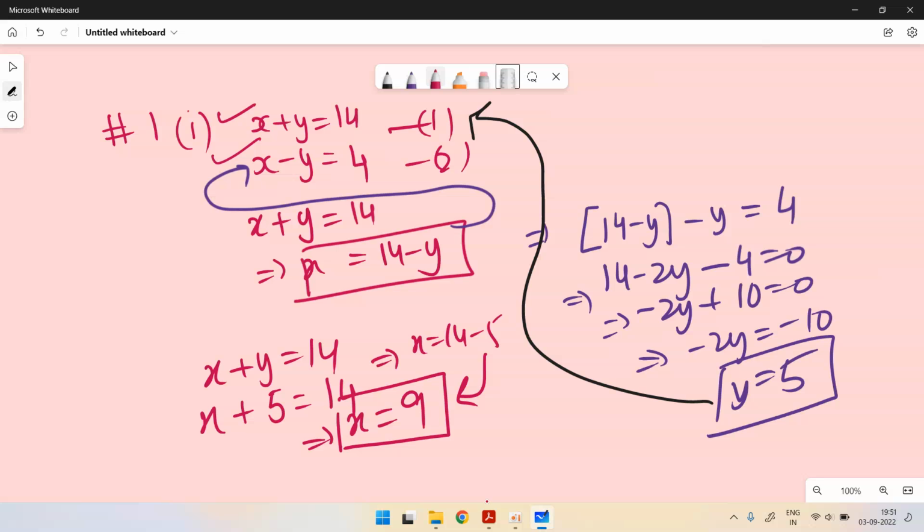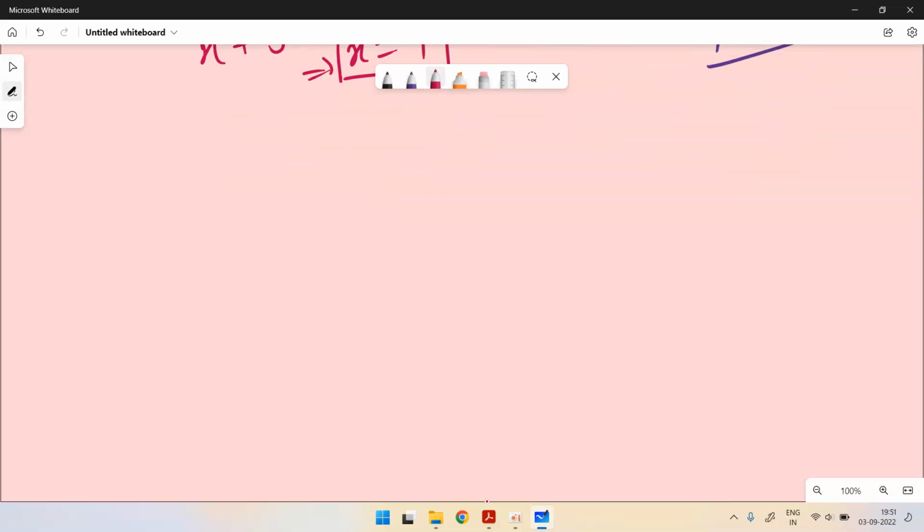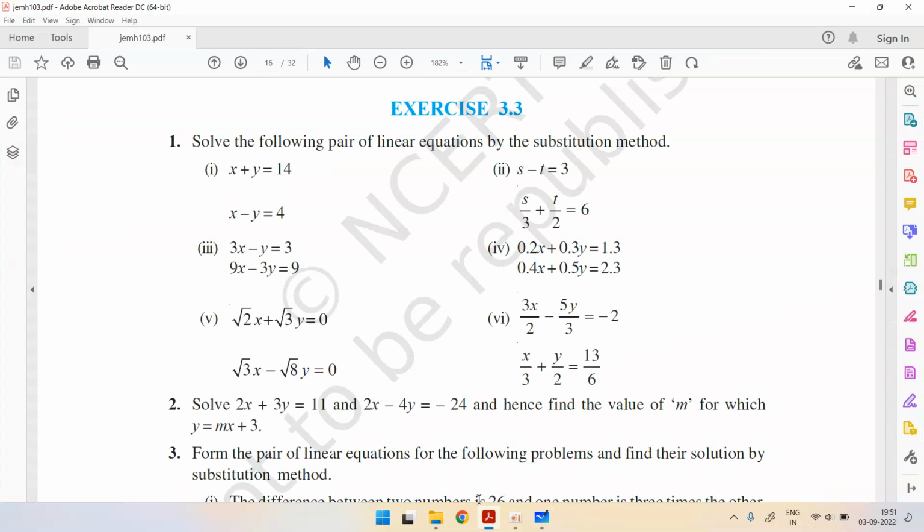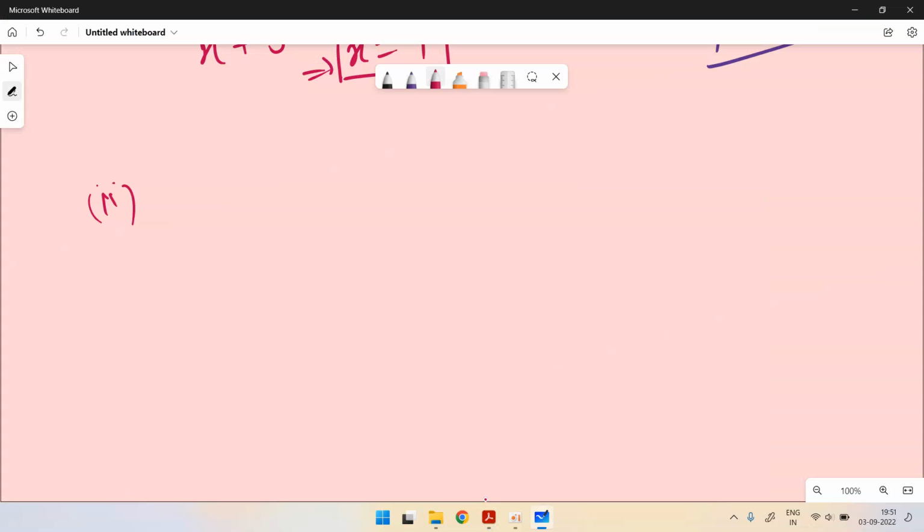Now the next tricky question I will be solving, which is a little bit tough. Another one is question 4.